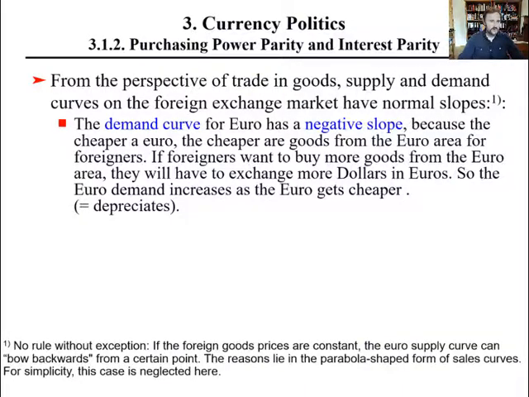The demand curve for euro should have a negative slope because the cheaper the euro, the cheaper are goods from the euro area for foreigners. So if foreigners want to buy more goods from the euro area, they will have to exchange more dollars into euros. So the euro demand increases as the euro gets cheaper or depreciates.